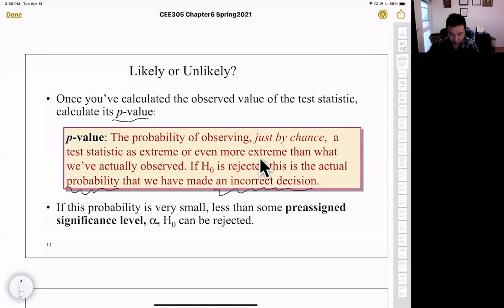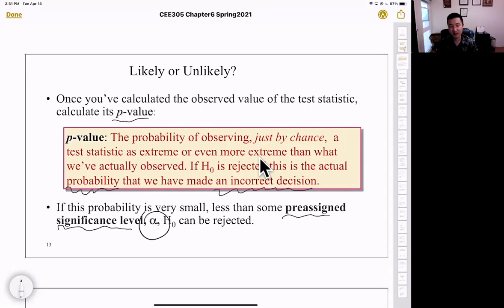A typical value for a cutoff value will be 5%. So if this probability is very small, smaller than a pre-assigned significance level alpha, again, alpha will be 1% or 5%. If the question tells us an alpha, then we need to compare the p-value with that alpha.